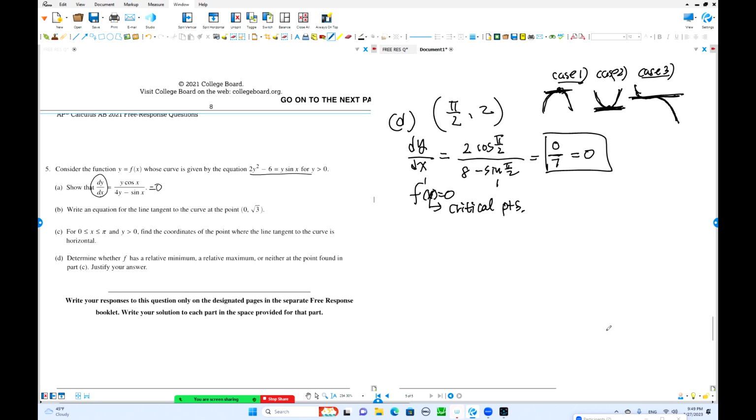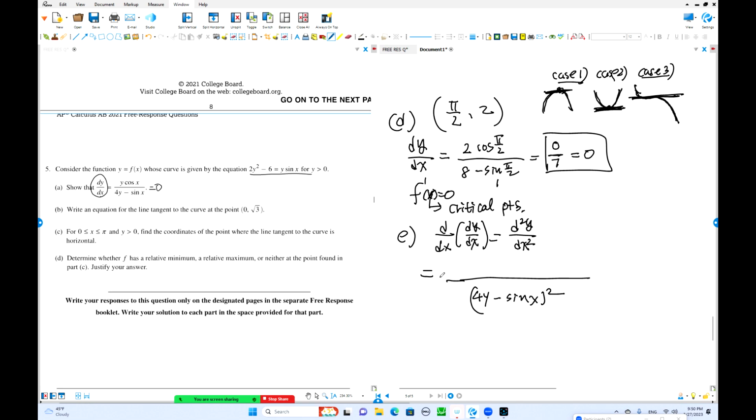Oh, this is a little hard. We take a derivative one more time, d square y over dx square, the second derivative. Wow, this is a lot of work. The denominator squared is 4y minus sine x, squared.